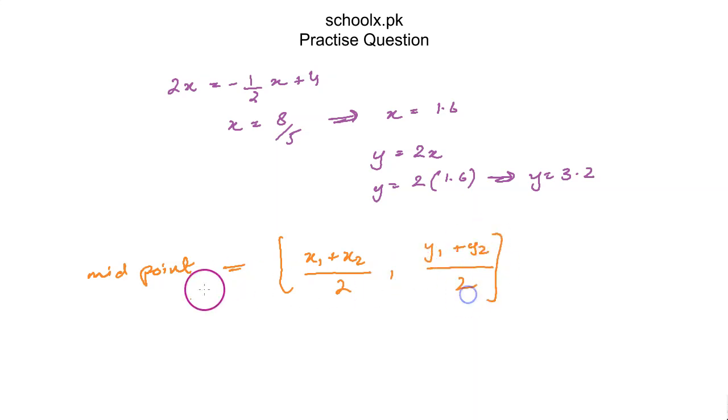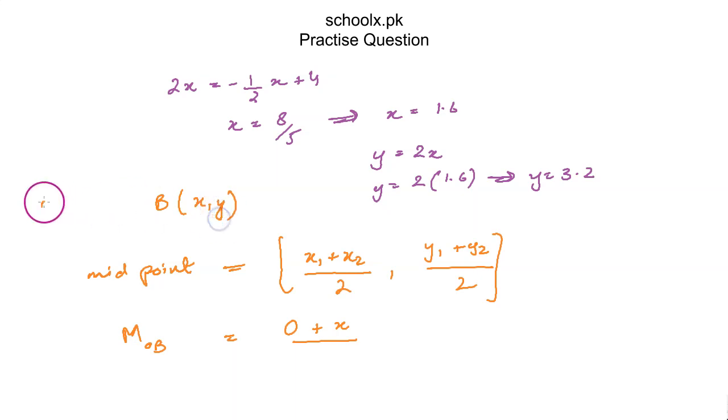Finding the midpoint M of OB, x1 was the origin 0, plus x2, which we keep as x, the coordinates of B as x and y, and the origin as 0, 0. So 0 plus x over 2, comma 0 plus y over 2.